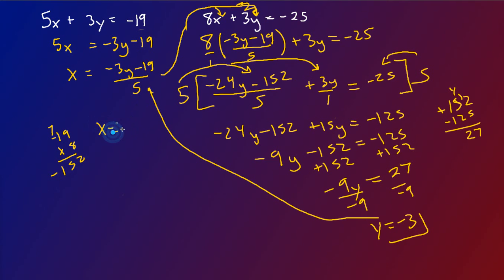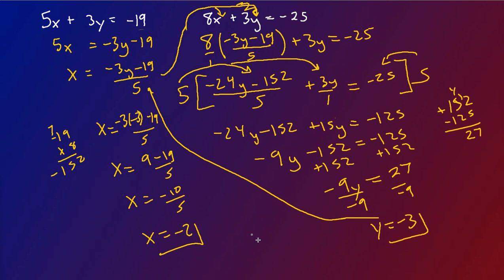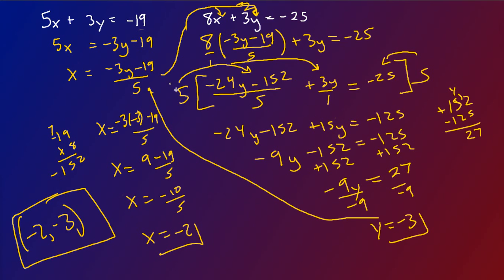So x equals -3 times -3 minus 19, all over 5. -3 times -3 is +9. And then we get -10 over 5. So x is -2. And same answer. So again, you see, it does not matter which one you start with. Just do the math correctly.